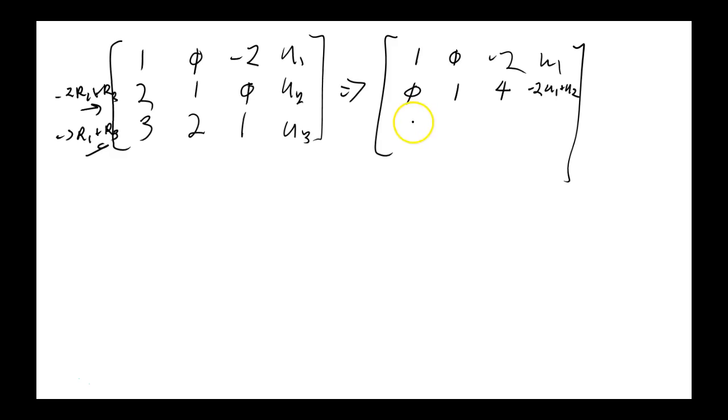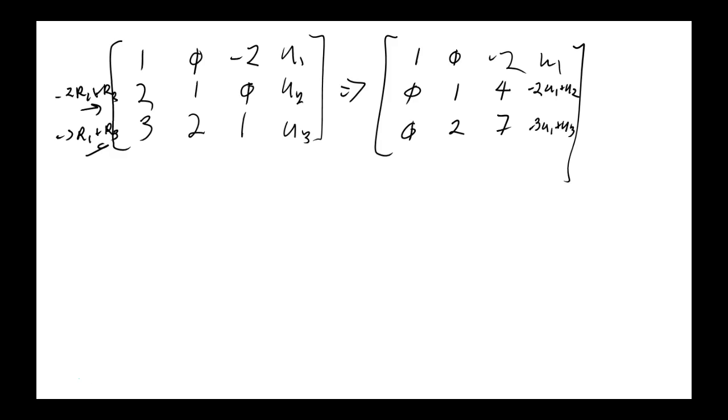All right. This will be a 0, 2, 7. And this will be a minus 3 U1 plus U3. Okay. This is only going to take up tons of space.